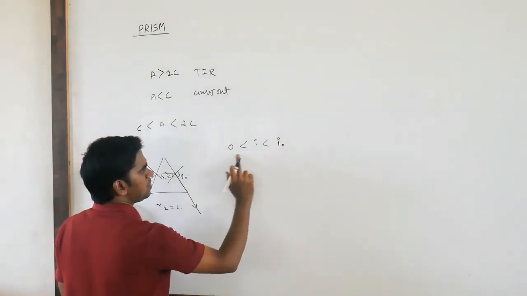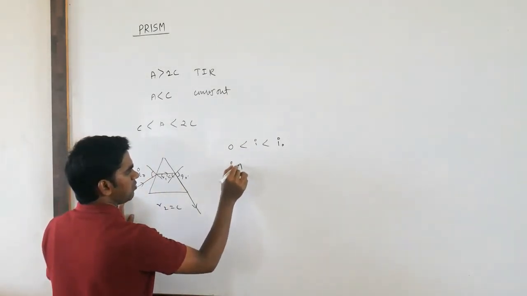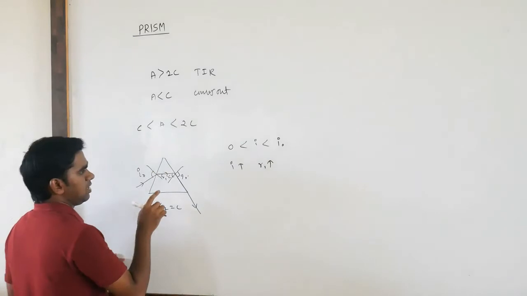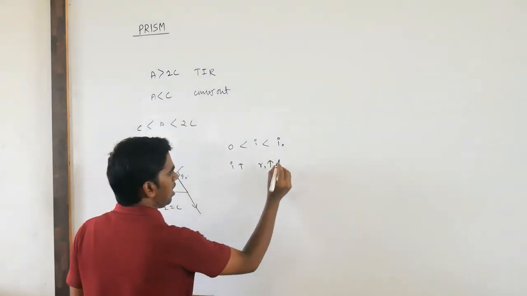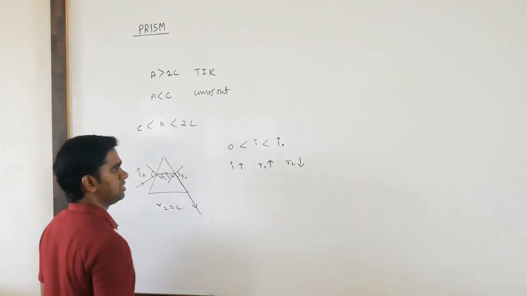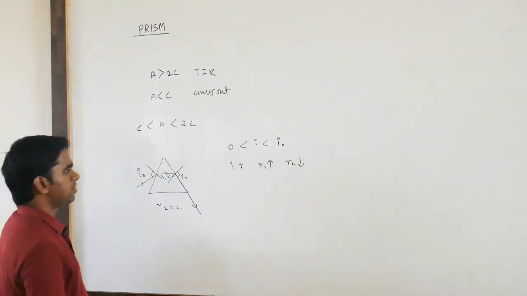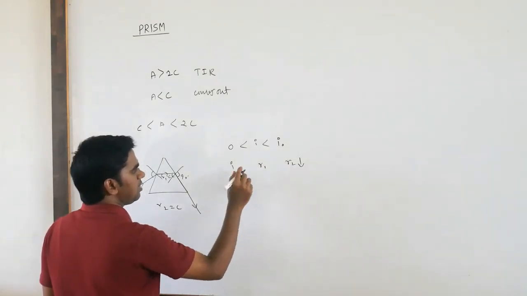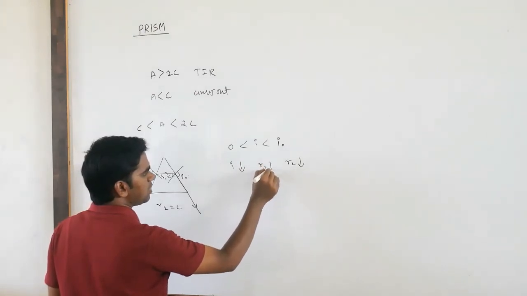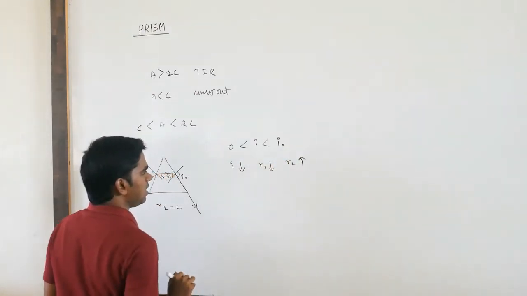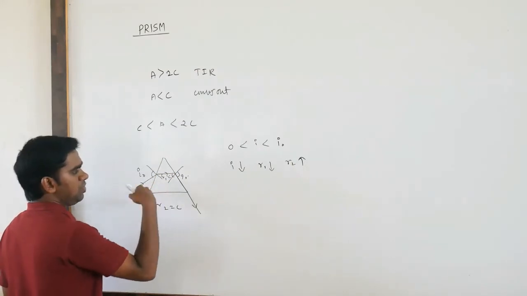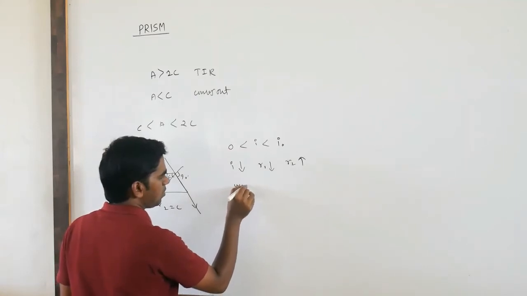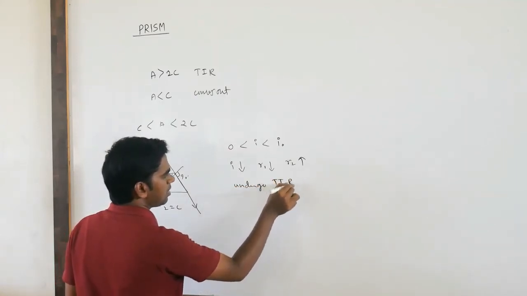If I decreases from I0 to 0, R1 will also decrease, so R2 will increase. R2 is increasing means R2 is going beyond the critical angle. So the ray will undergo total internal reflection.